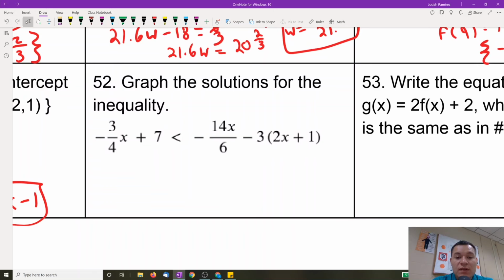Graph the solutions to the inequality. This one's not fun, but it could happen on your test. Let's distribute. Let's copy.